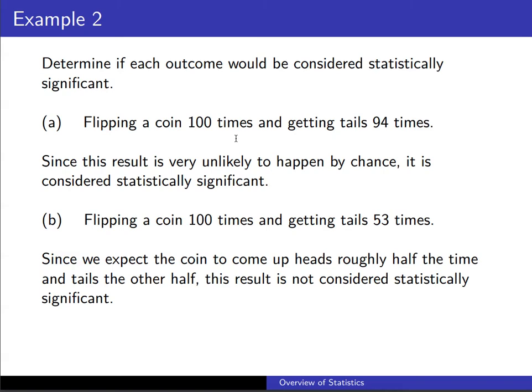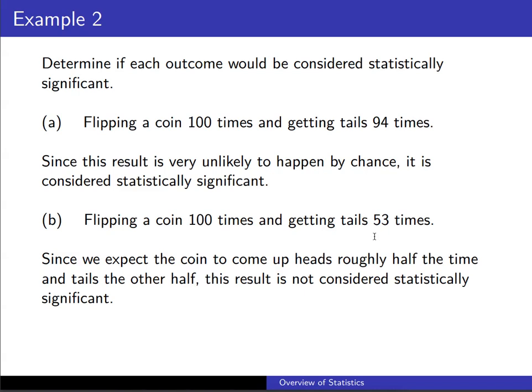And even though 53 is not exactly half of 100, it's pretty close to a half. 50 is half of 100. It's pretty close that we shouldn't be suspicious about getting tails 53 times and heads 47 times when we flip the coin. So this result is not considered to be statistically significant.